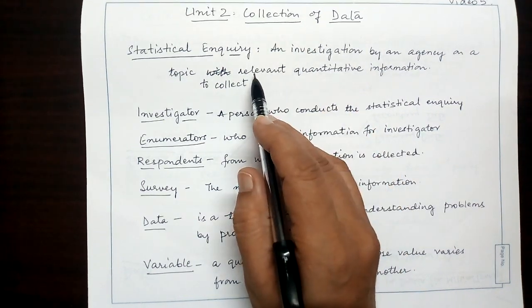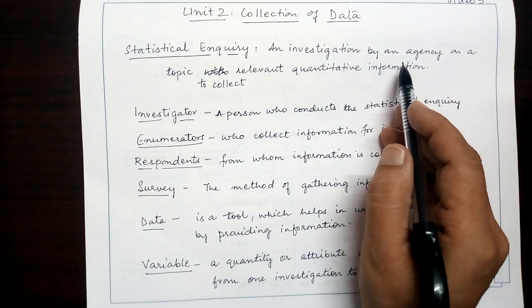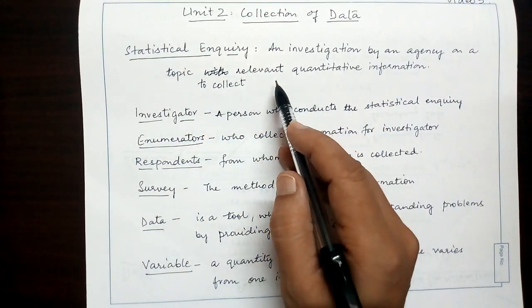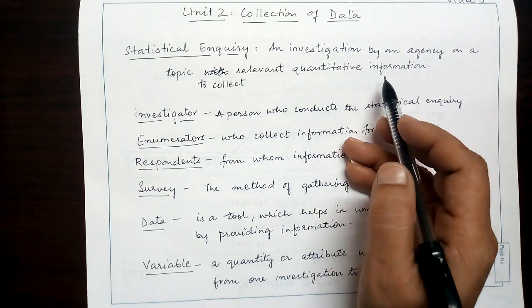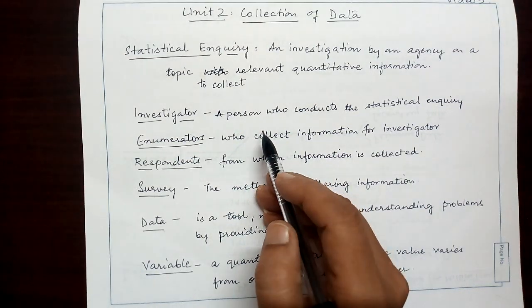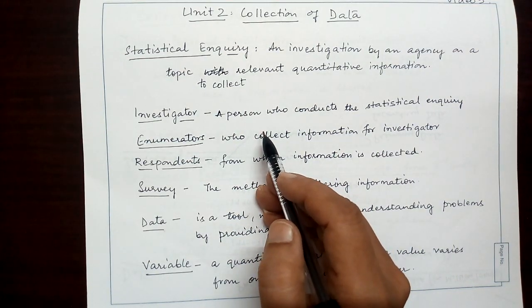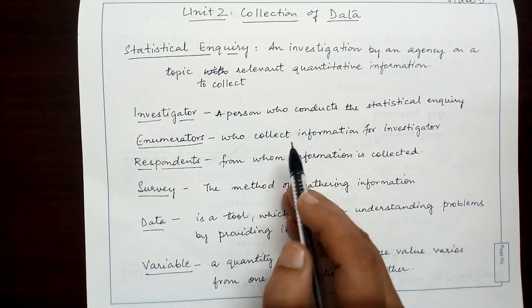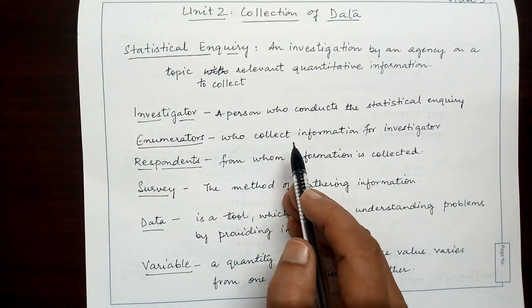Statistical enquiry is an investigation by an agency on a topic to collect relevant quantitative information. For any statistical enquiry, the basic problem is to collect facts and figures relating to a particular phenomenon under study.